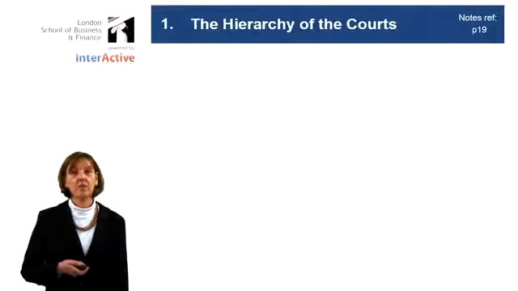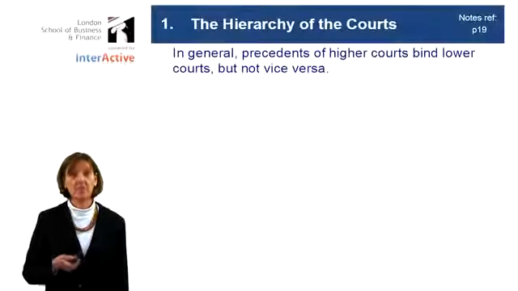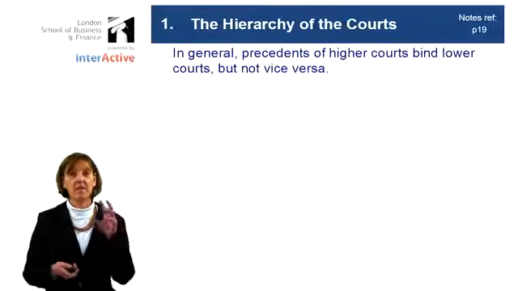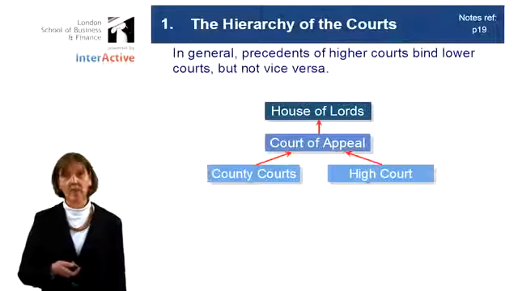In general, precedents of the higher courts bind the lower ones, but not the other way around. And that is why when we were doing the courts earlier, I wanted you to have a picture, a diagram in your mind showing the hierarchy. If we're thinking of the lower courts, that's the county courts and the High Court.